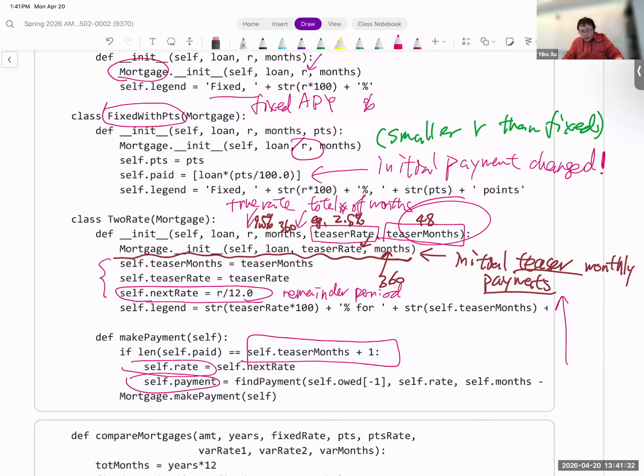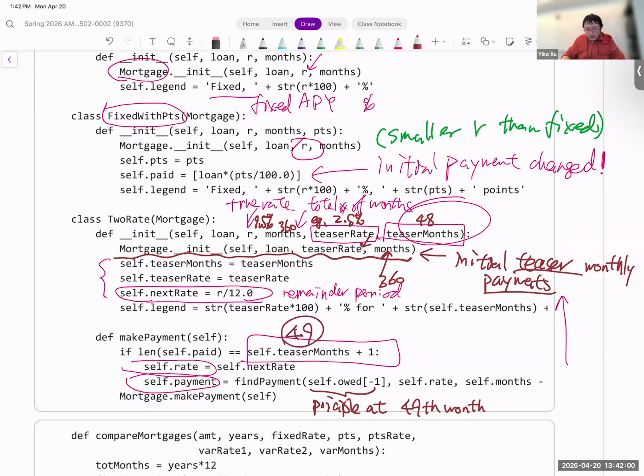So at that point, you see, this is the principal at the 49th month and beyond. Yeah, so that's exactly only at 49.